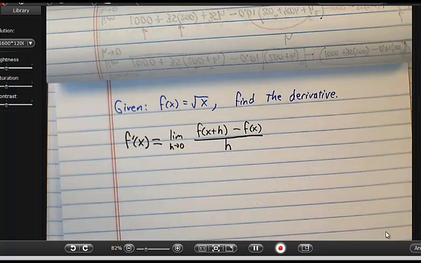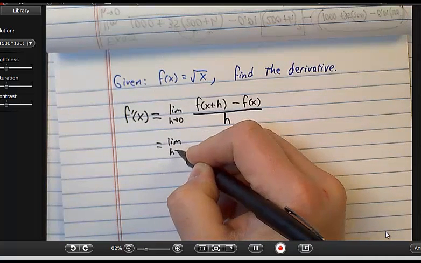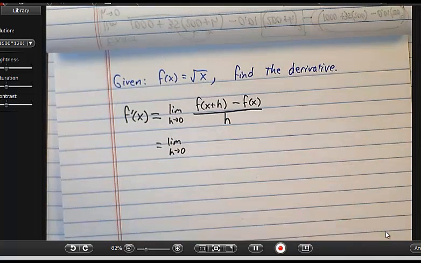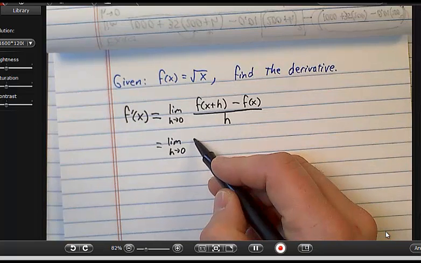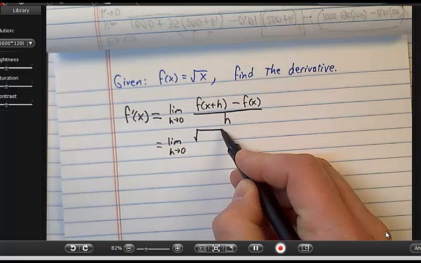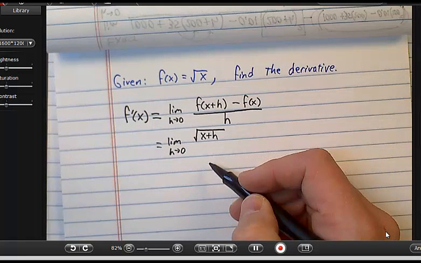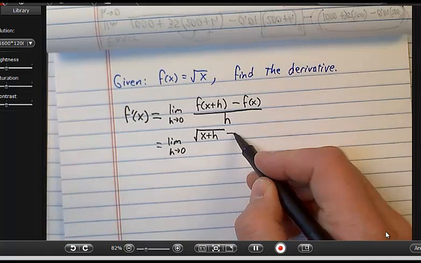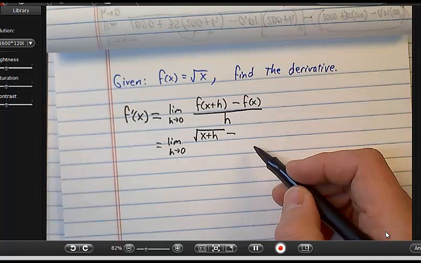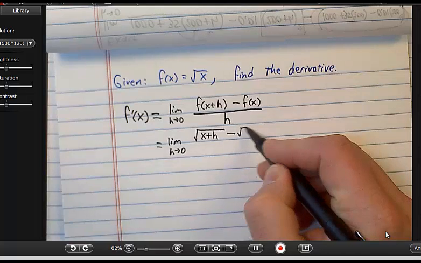So watch. We're going to write limit as h approaches 0. Where it says f of x plus h, what am I going to write? Square root of x plus h. Where it says f of x, what am I going to write? You guys see it? That's square root of x.